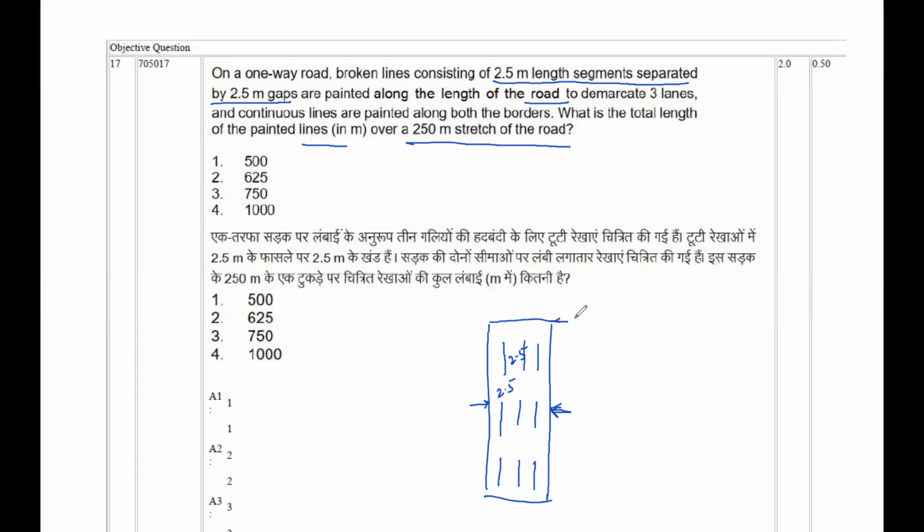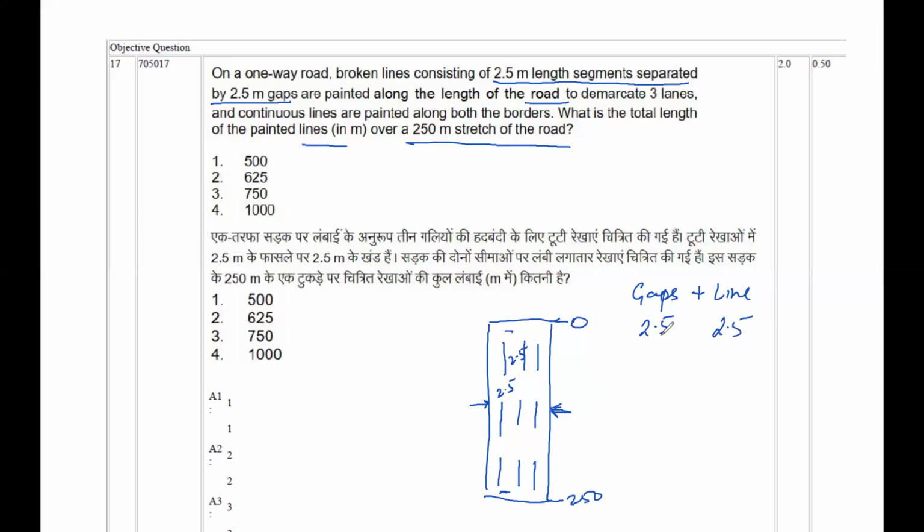If this is 0 and this is 250, and assuming there is a gap on both sides, then we can have gaps of 2.5 meter plus line segments of 2.5 meter.